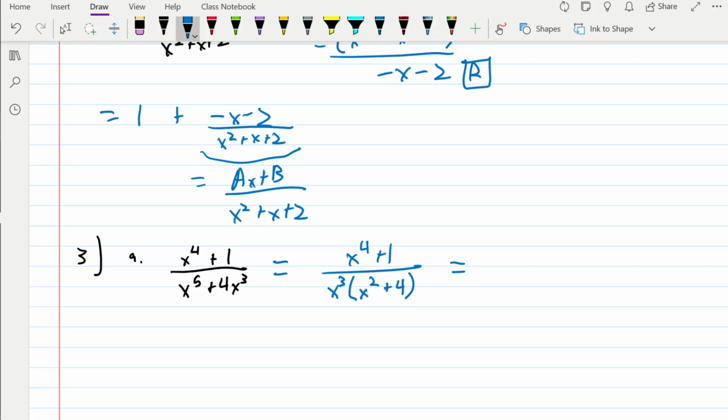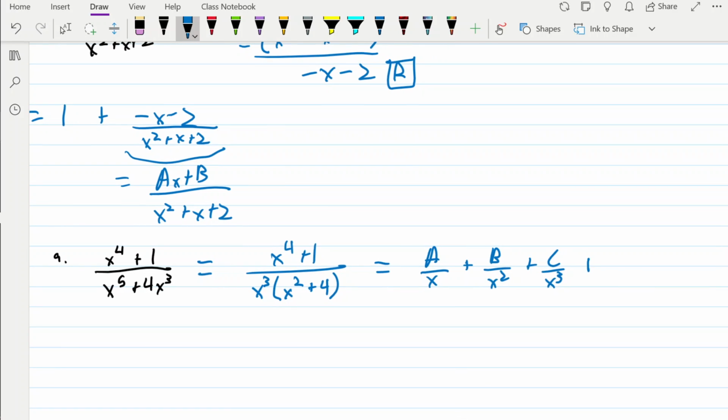And then that is going to be equal to a over x plus b over x squared plus c over x to the 3rd power plus, then, so x squared plus 4, I think that's going to be dx plus f over x squared plus 4.